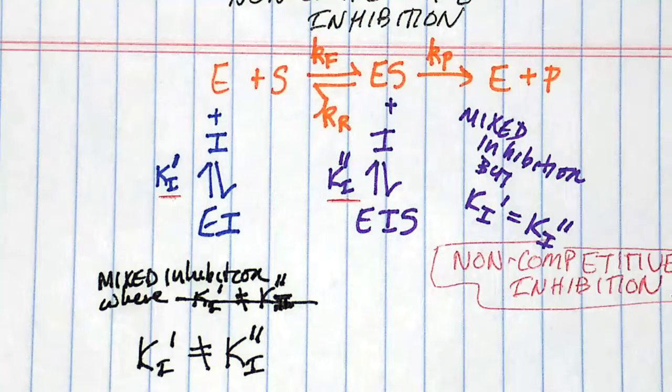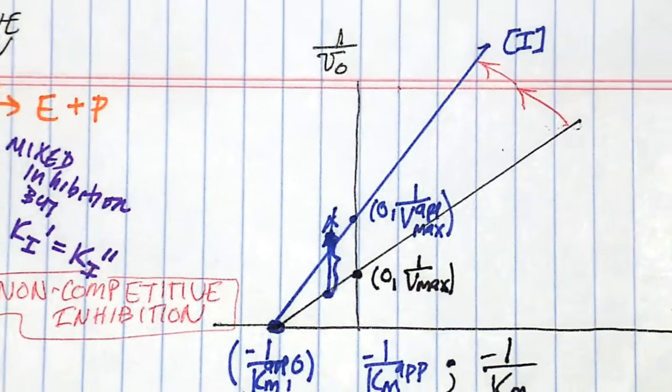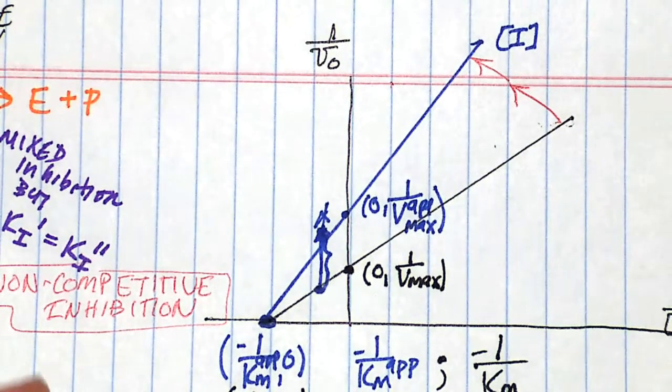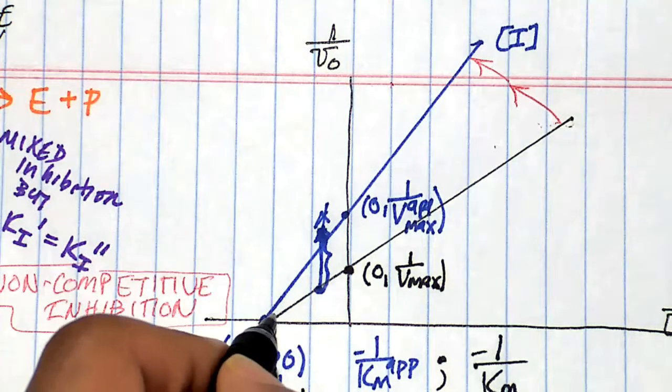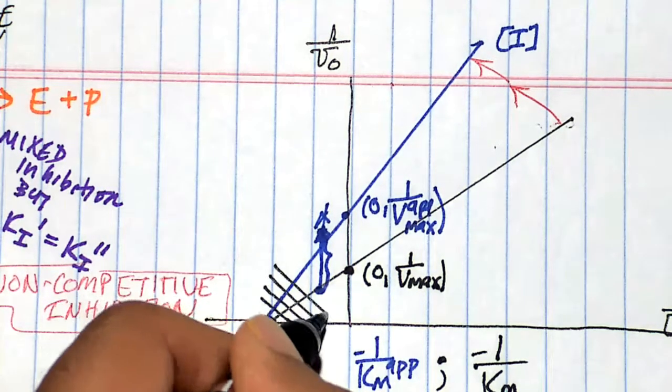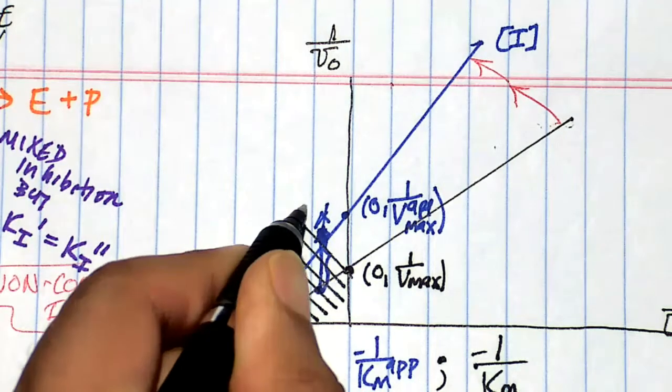And in that situation, the intersection point will not be at the x-axis, but somewhere here in the second quadrant.